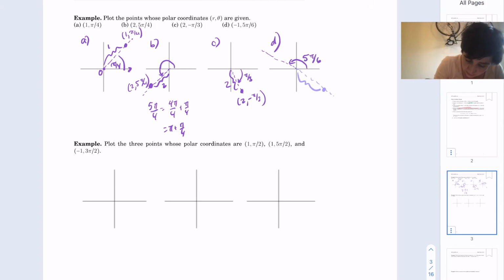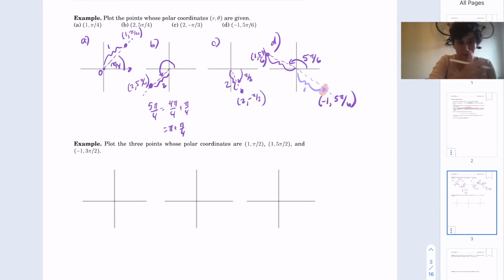So this is distance 1, but it has coordinates -1, 5 pi over 6. If this was our point here, this would have 1, 5 pi over 6. We need to flip it back across the pole. So let me be very clear about that.